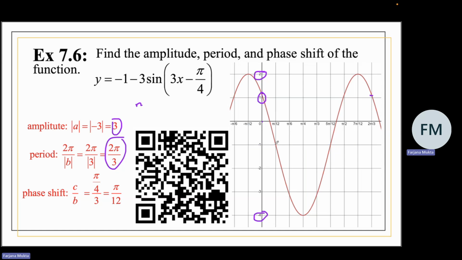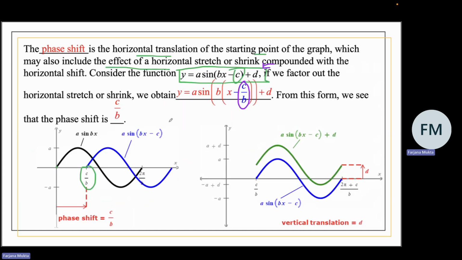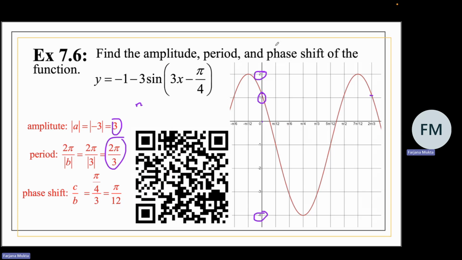Going back to the definition of phase shift, our starting point is moving by the unit c divided by b, which is pi over 12. So our starting point is moving to pi over 12. That's our phase shift. All right, so that's just for the visualization of what we have calculated here.